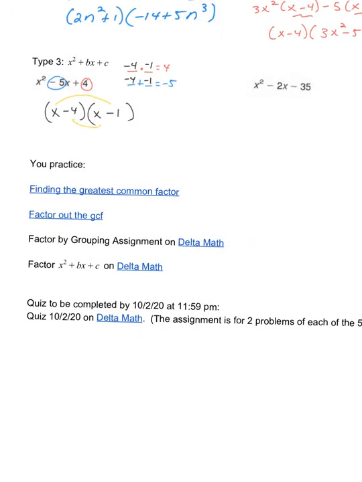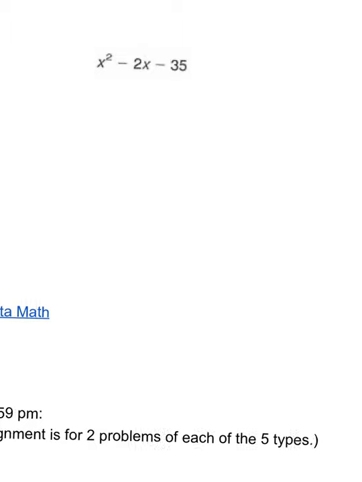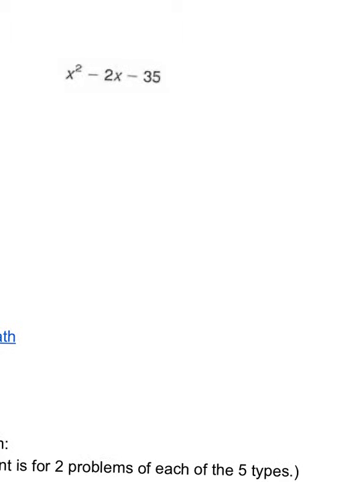Let's look at one more example of that. So in this next example, I would be looking for two numbers that multiply to make negative 35, and they must also add to make negative 2.